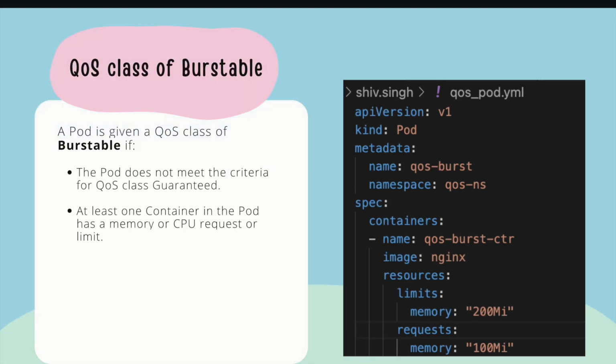Okay, so a pod is given a QoS class of Burstable if that pod does not meet the criteria for QoS class of Guaranteed, and at least one container in that particular pod has a memory or CPU request or limit. So in that pod definition file, whatever number of containers we have, at least one container should have either memory or CPU request or limits.